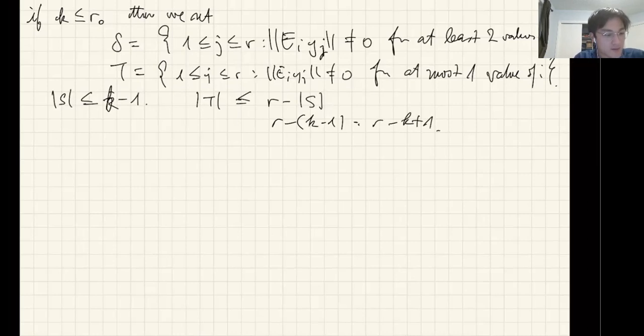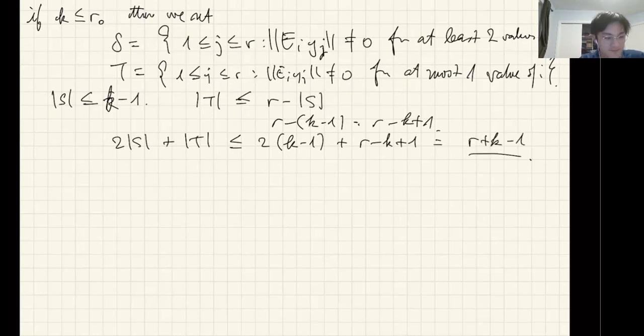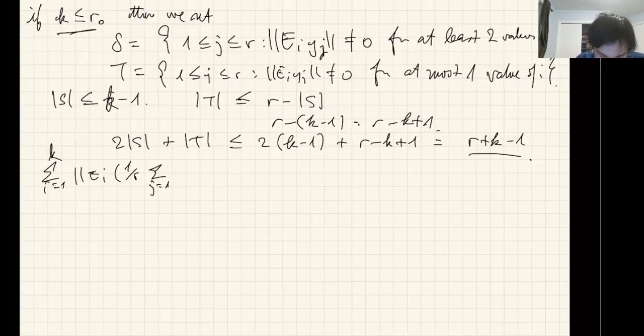Okay, so now 2|S| plus |T| is less than or equal to 2(k minus 1) plus r minus k plus 1, which is r plus k minus 1. Now, since all the yj are unit vectors, what this gives us is the sum for i equals 1 to k of ei applied to the sum over j equals 1 to r of yj.